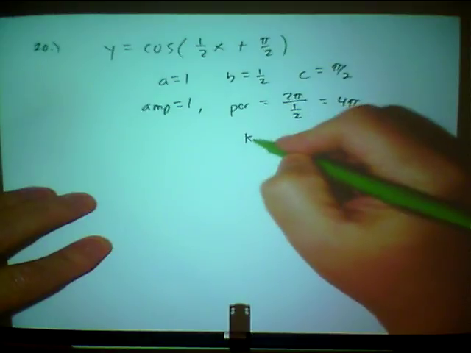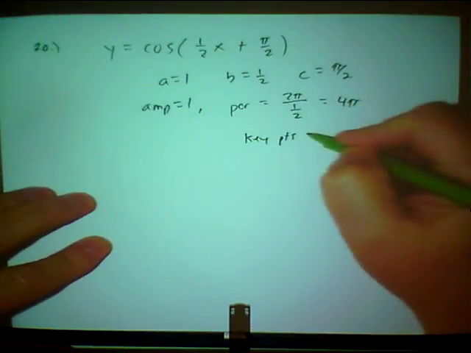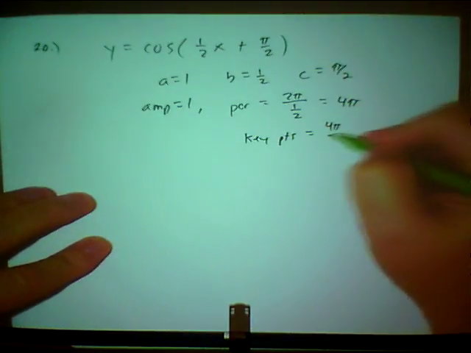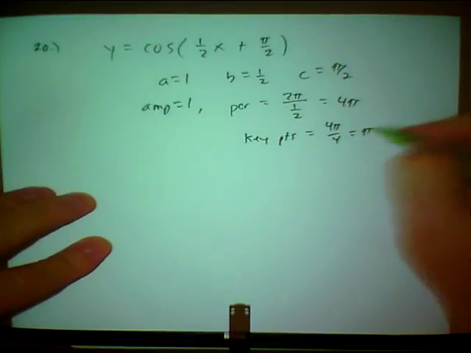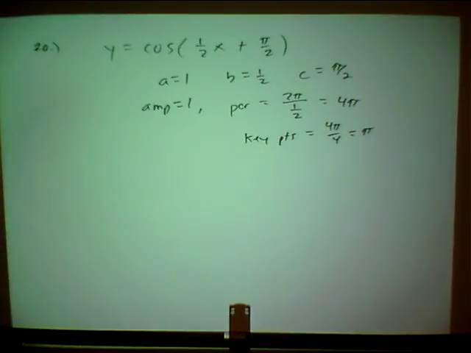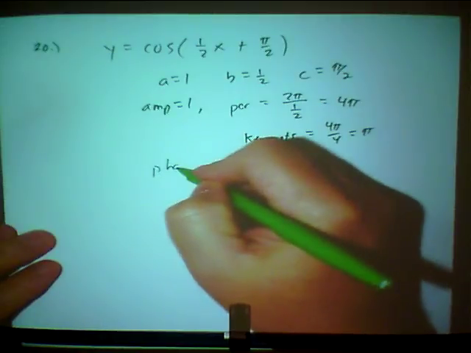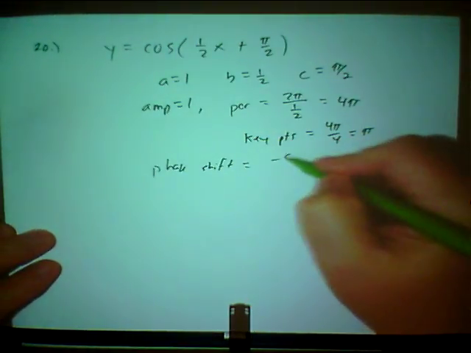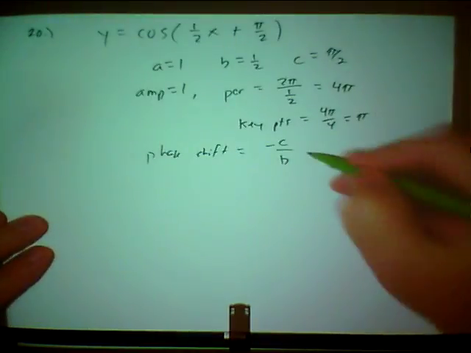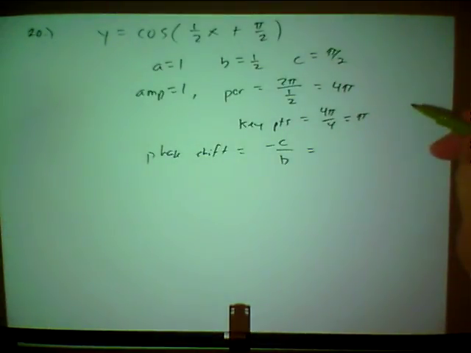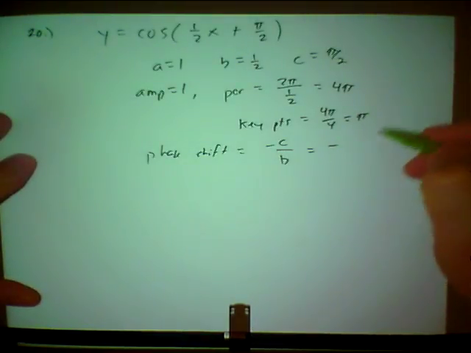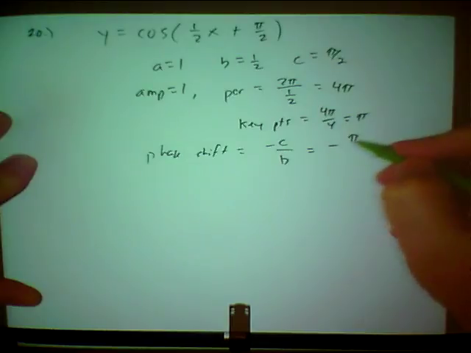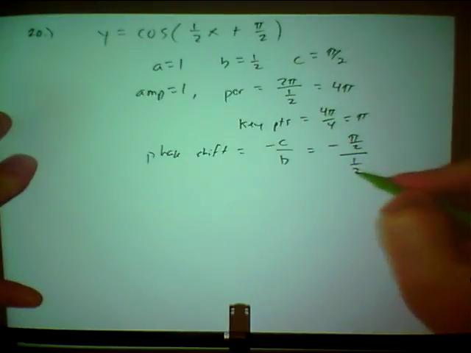Let's do my key points. So the period divided by 4 is just pi. And now a phase shift is negative c over b. So negative, and c is pi over 2 and b is 1/2.